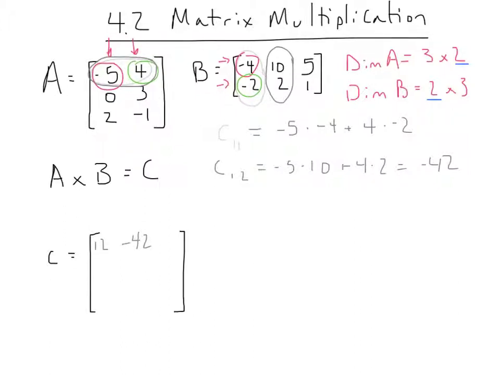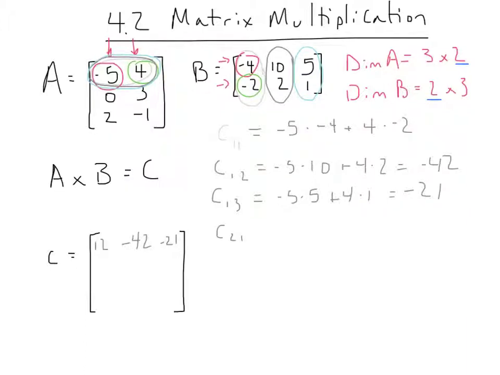Now to calculate C13, we'll take the first row in matrix A times the third column in matrix B. So I'll get that C13 is equal to negative 5 times 5 plus 4 times 1. Negative 25 plus 4 is negative 21. And I'll carry through a little bit more quickly now for C21.